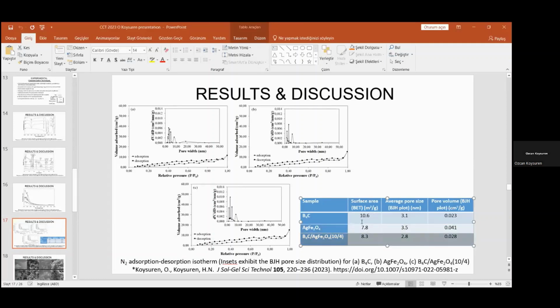There is a decrease in the effective surface area compared to pure boron carbide, and also a decrease in average pore size and pore volume. Then we can say that the reason for the enhancement in the chromium-6 photoreduction rate is not surface area enhancement; there is a decrease. Then the only reason can be the coupling effect and hence the suppression in the recombination of excited charge carriers.